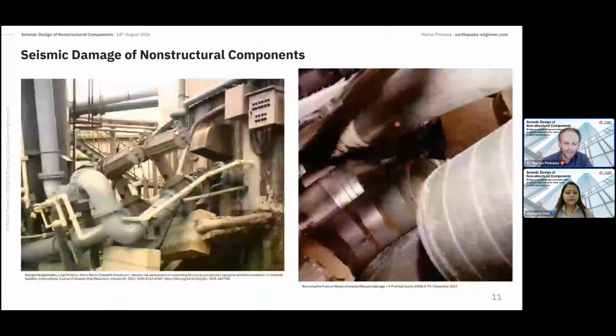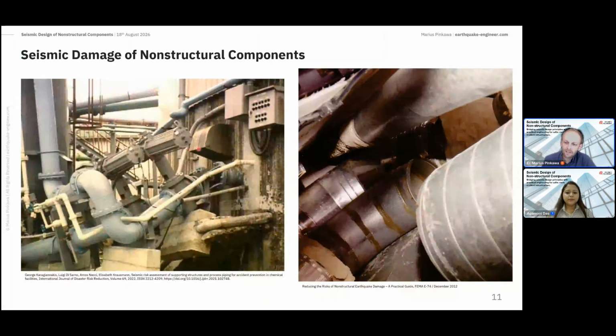For attachment of piping to components, like here to the tank, we need to provide sufficient flexibility, because sometimes there is relative displacement we cannot avoid, and then this relative displacement shouldn't introduce high stresses to the piping system, for example.